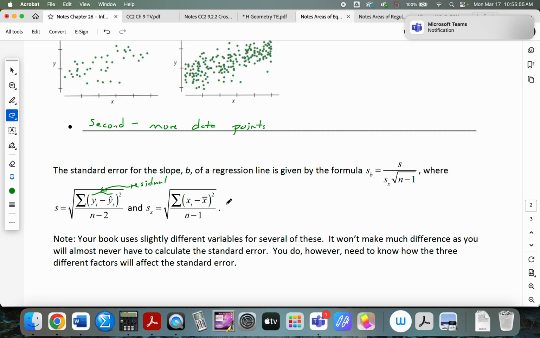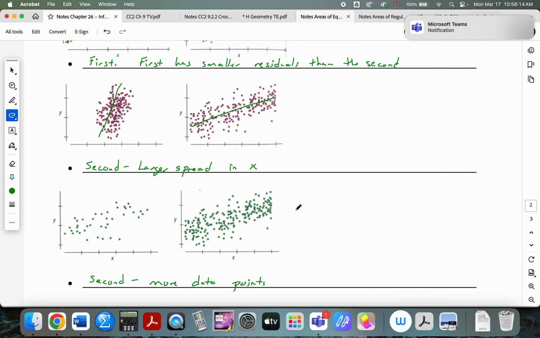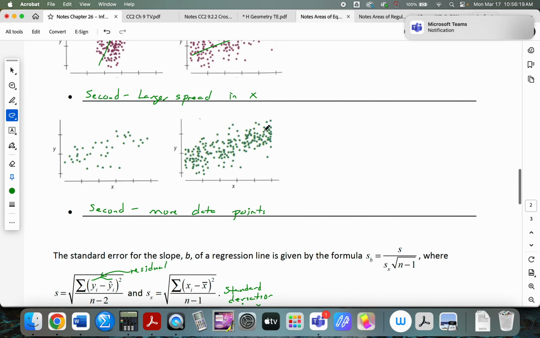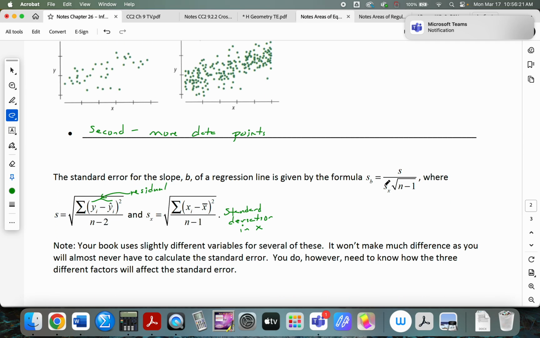This is the standard deviation in X. I want a lot of deviation in X. I want a big spread of X. I don't want it to look like this. I want a big spread of X. That will also help me keep my standard error low, and I want a lot of data points.